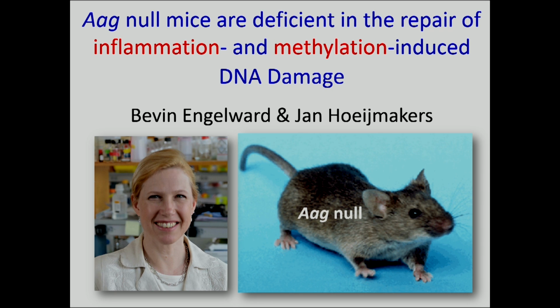It had long been hypothesized that in ulcerative colitis, where you have repeated bouts of inflammation in the colon and a predisposition to colon cancer, the reactive oxygen and nitrogen species were contributing to cancer because of the DNA damage they produced.